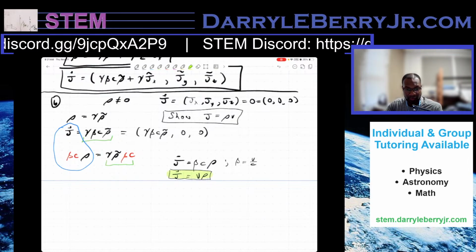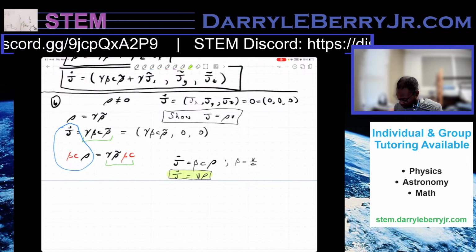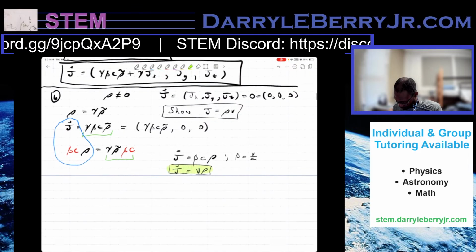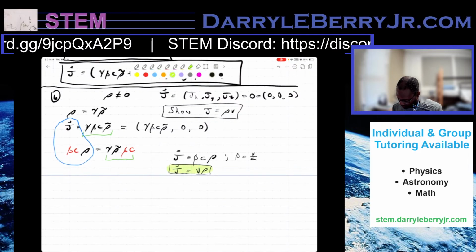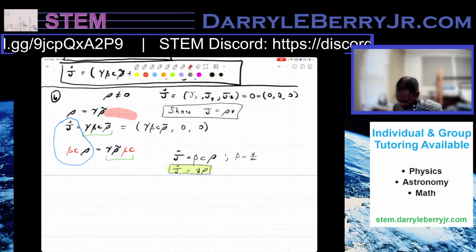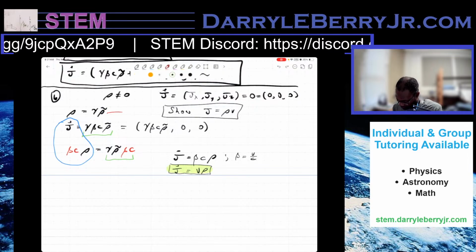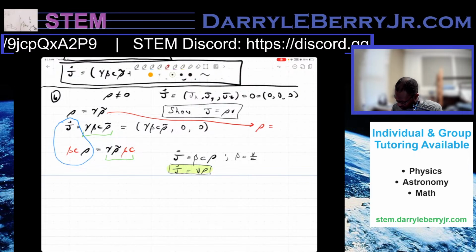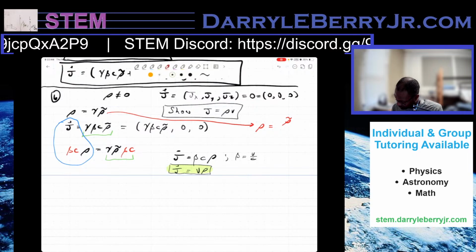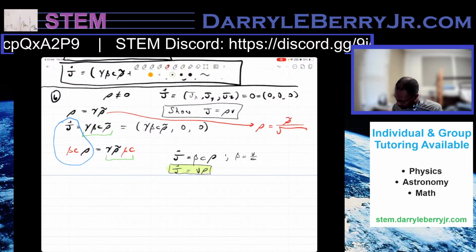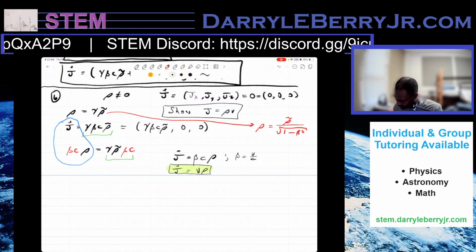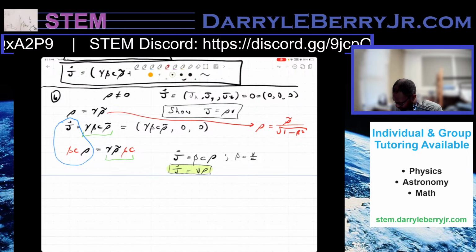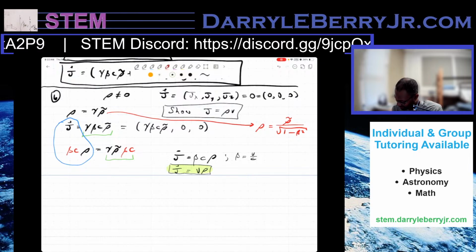And it says explain why rho is greater than rho in a boosted frame. So if we look here, rho equals rho boosted over the square root of 1 minus beta squared. 1 minus beta squared will be a small number, so the square root will be a small number.